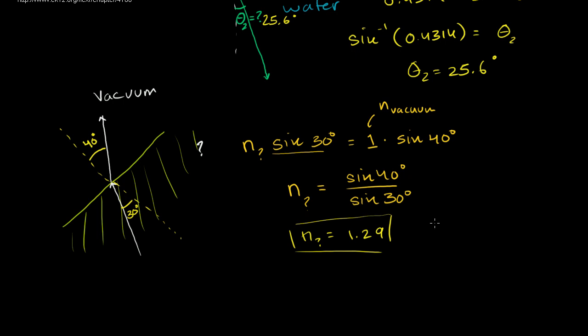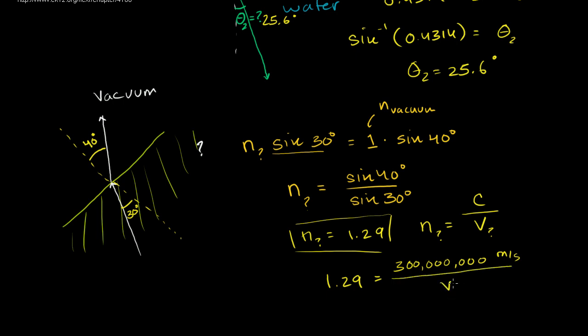And we can actually use this to figure out the velocity of light in this material. Because remember, this unknown refraction index is equal to the velocity of light in a vacuum, which is 300 million meters per second, divided by the velocity in this material, the unknown material. So we know that 1.29 is equal to 300 million meters per second divided by the unknown velocity in this material.